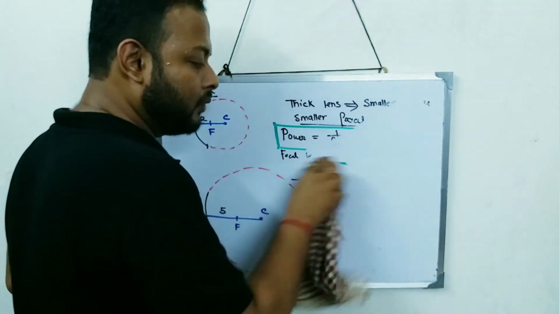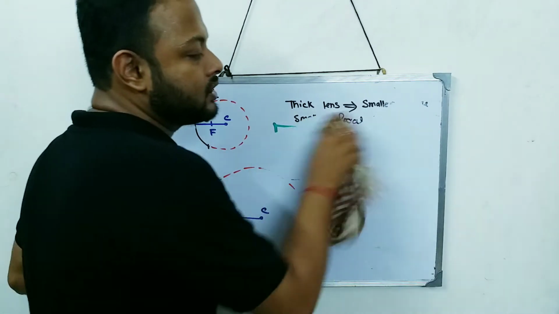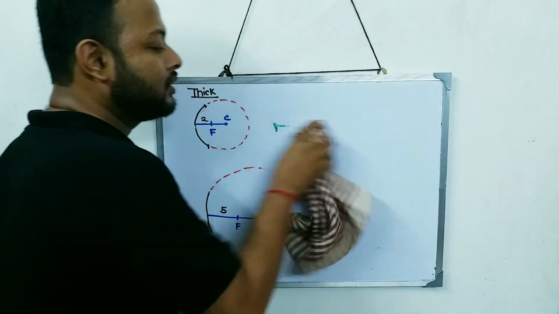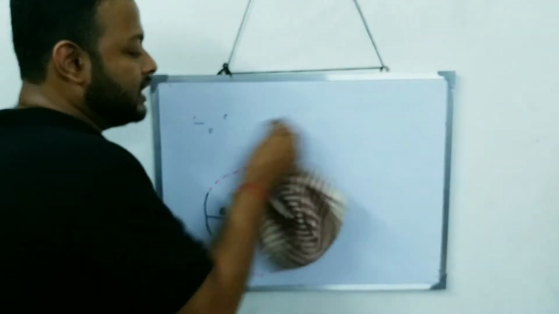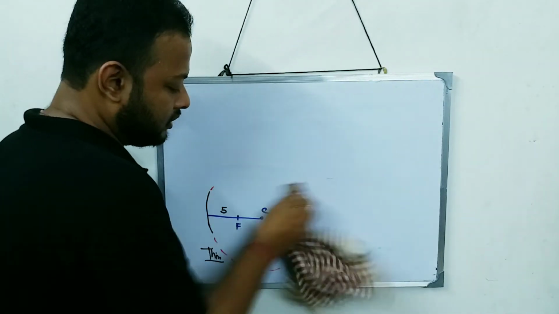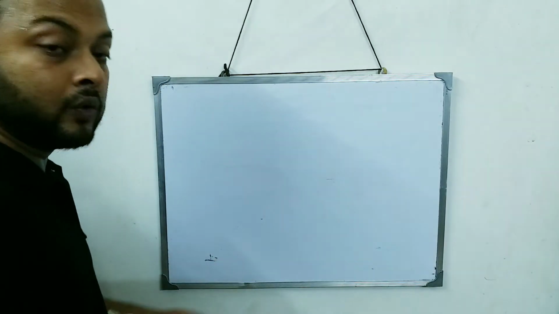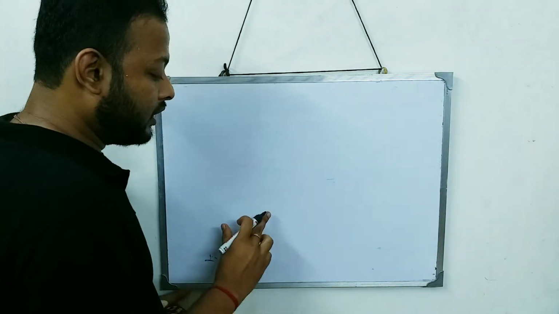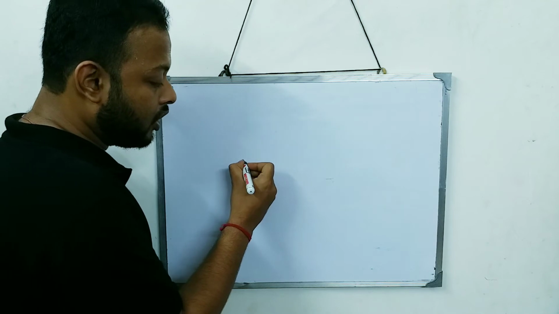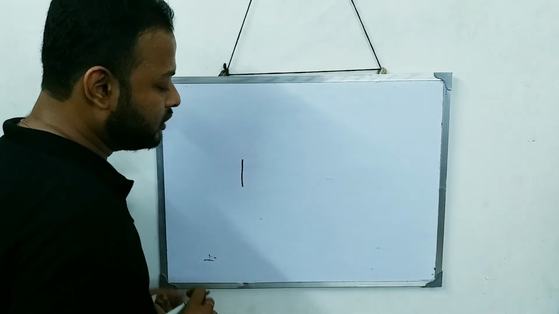Now from here, one small concept is there, which was there in the starting of the chapter, but I just waited for today's topic to come because I wanted to explain that part today. Consider you have a lens of a plane surface.